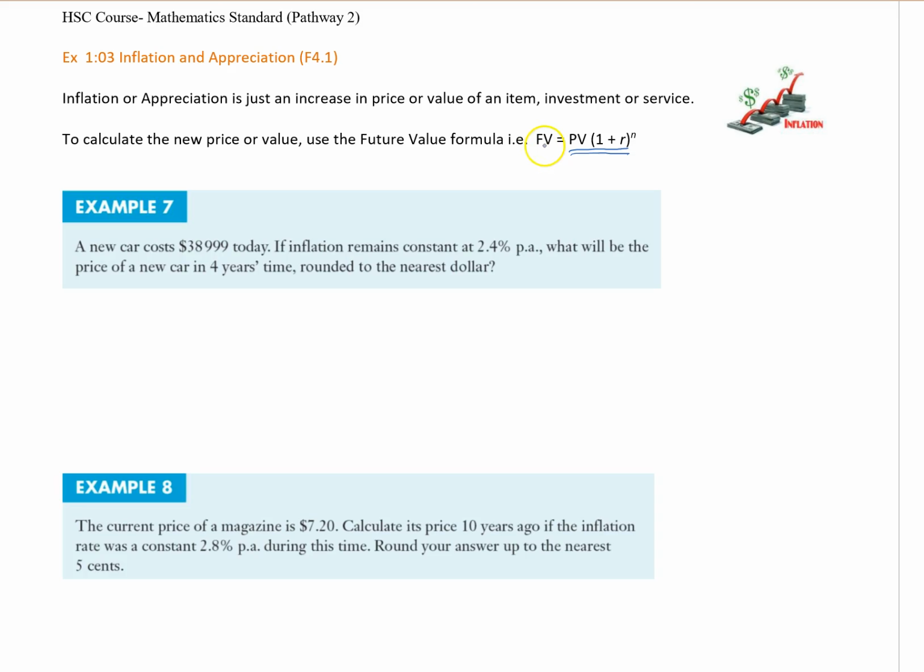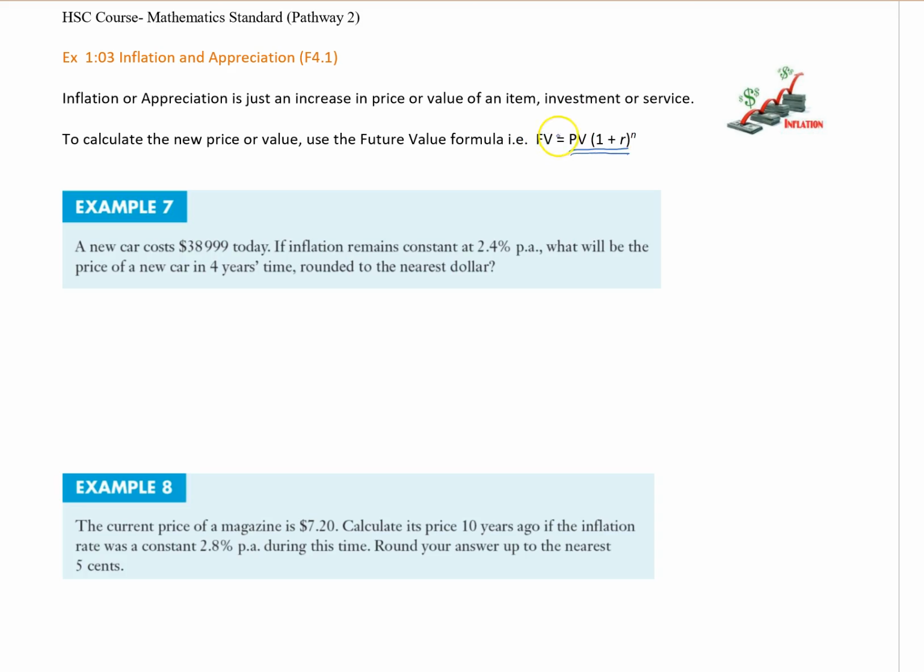However, we can see 1, 2, 3, 4 variables, and this formula could be used to calculate any one of those. So obviously, if we know the present value and the rate of inflation or appreciation and the time frame over which we want to look at that item increasing in value, then we can work out its future value.